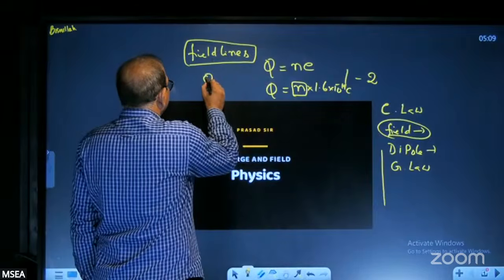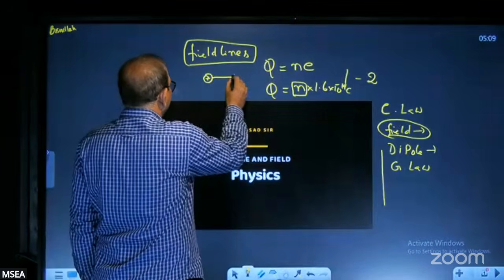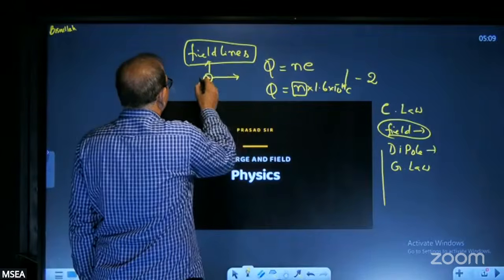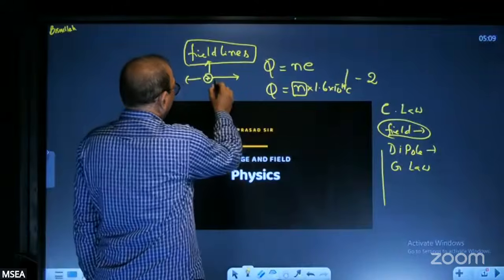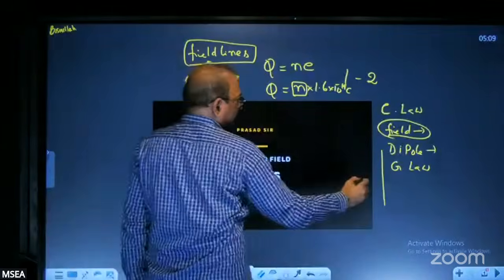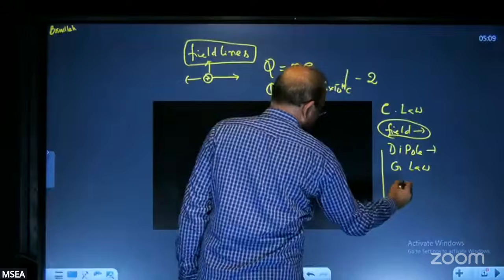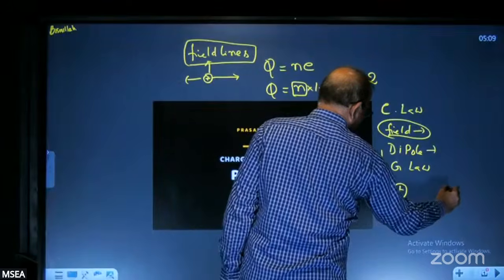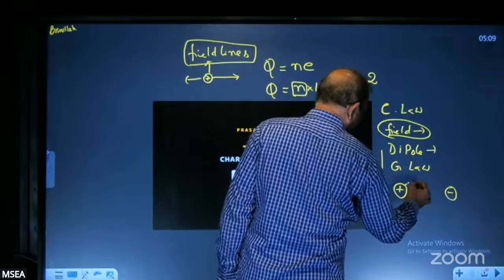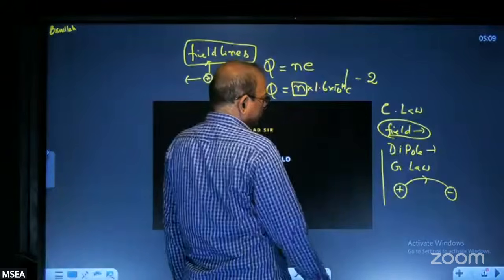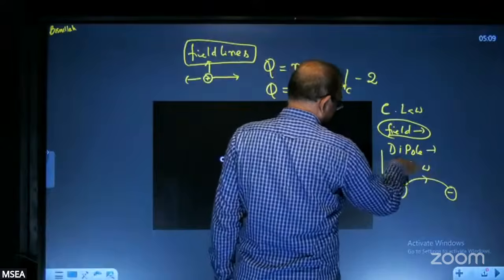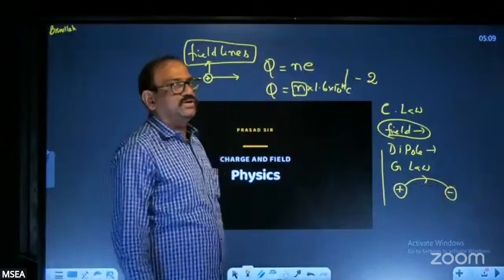Electric field lines start from a positively charged particle. They end at a negatively charged particle. Say this is one positively charged particle, this is a negatively charged particle. Field lines start from positive charge and end at negative charge. They diverge from positive charge and converge towards negative charge.